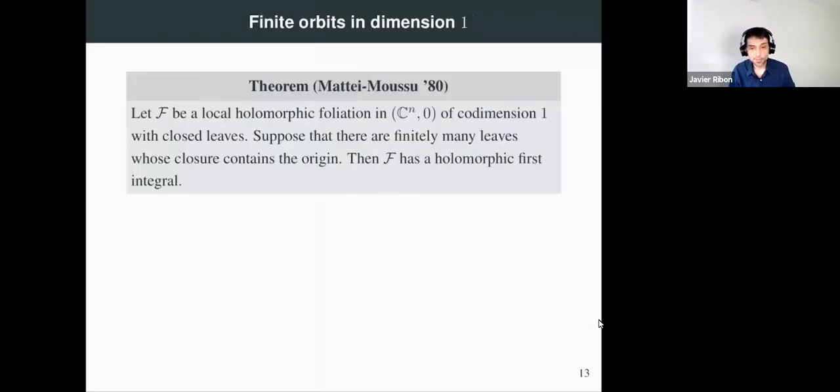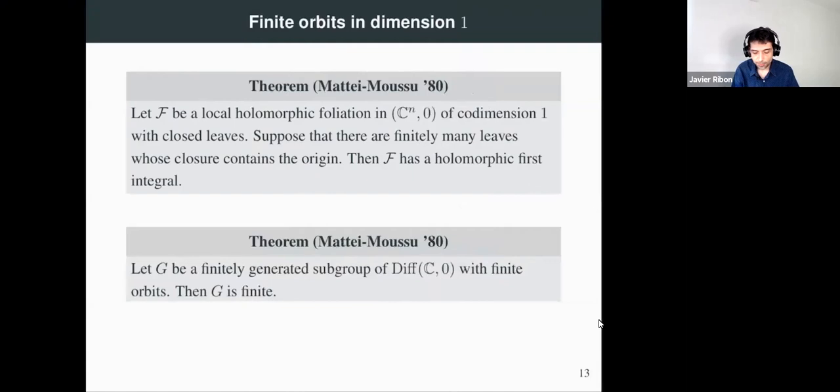This theorem, we already talked a little bit about it, is the Mattei-Moussu theorem, the topological criterion for the existence of first integrals. And the reason why the codimension 1 hypothesis is very important, one of the reasons, the most important reason I think, is that if you consider a finitely generated subgroup G of the group of local biholomorphisms in one complex variable that has finite orbits, then G is always finite.